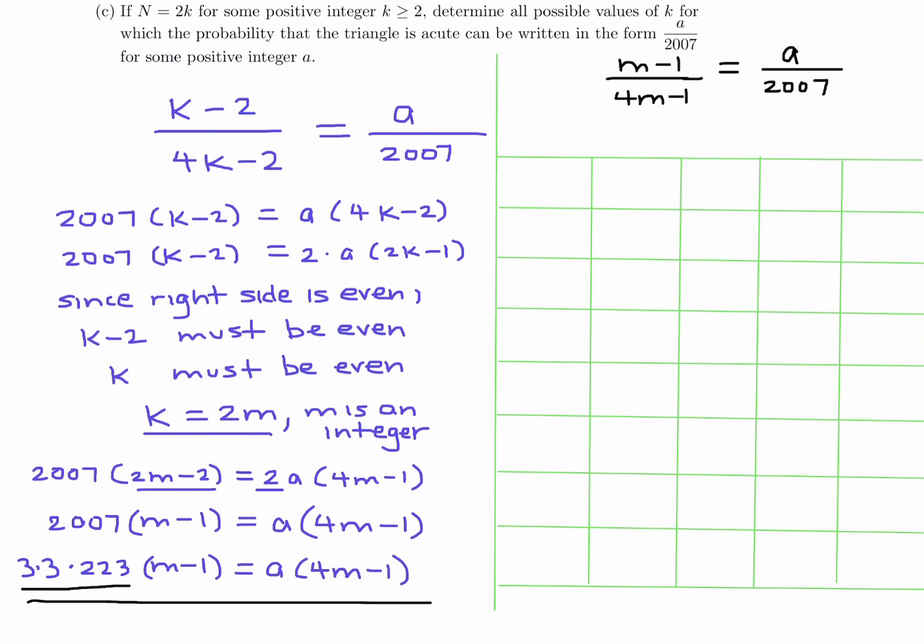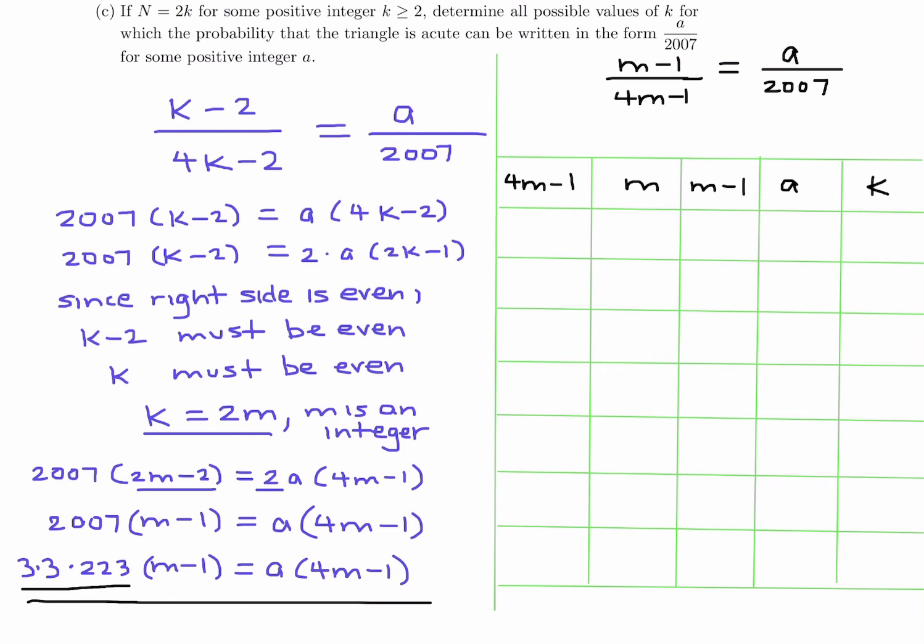All right, so let's make our table. 4m minus 1 here, m minus 1, a, and k. All right, let's see. Well, 4m minus 1 is the denominator, and it's got to sort of be the matching denominator to the other side, right? So what possible values?